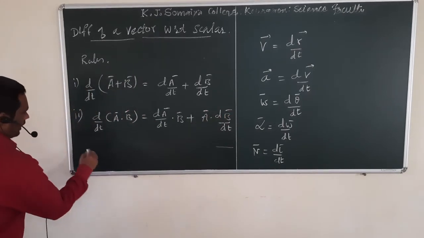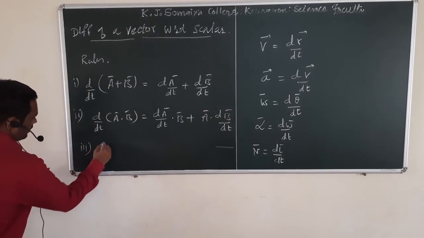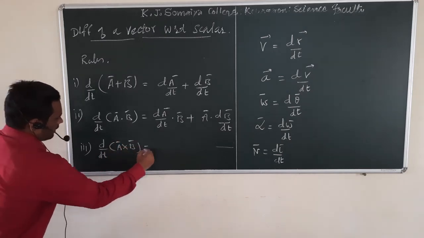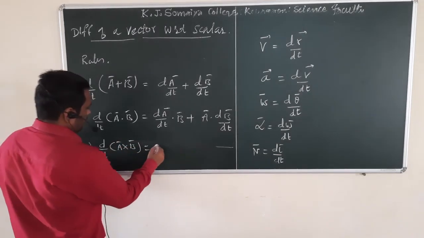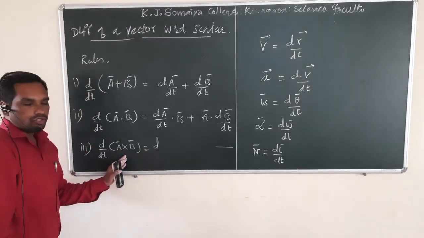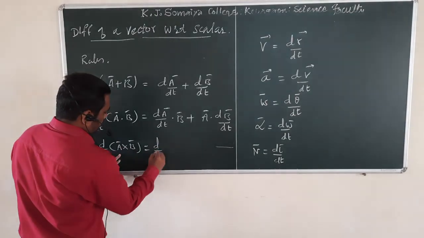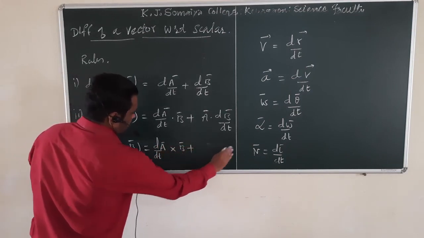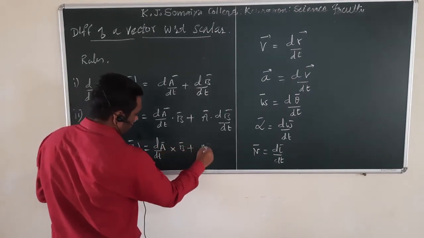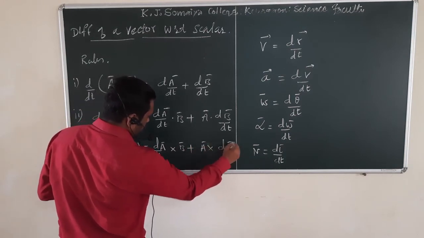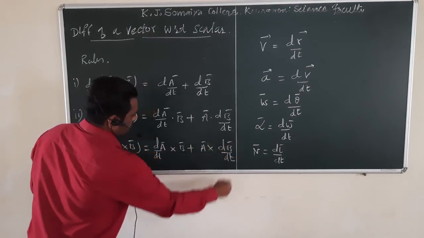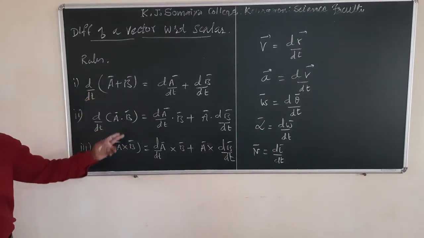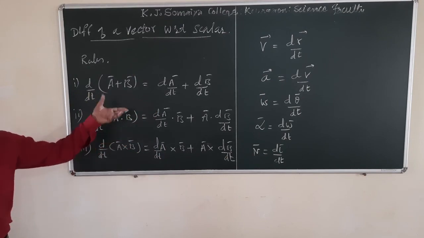And third rule, d by dt of a cross b is, again using the distributive law, the derivative of the first vector crossed with b plus vector a crossed with the derivative of the second vector. These are the important rules for addition, dot product and cross product while taking derivatives.